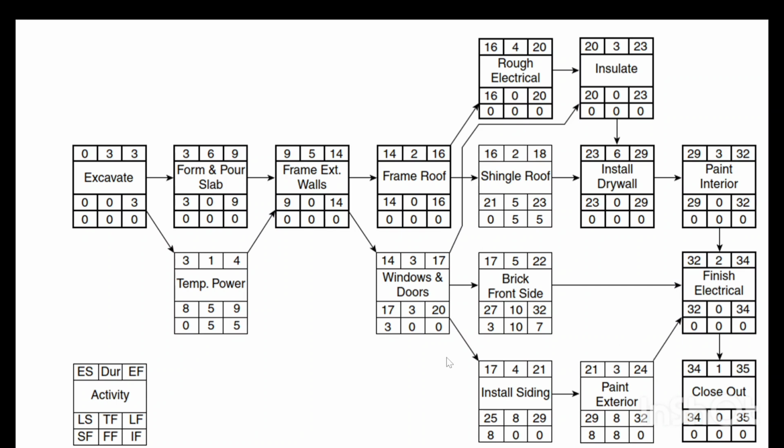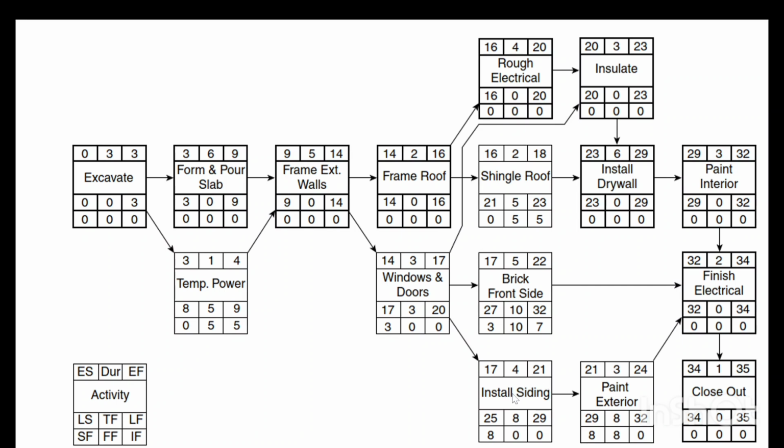These two activities, install siding and paint exterior. If we replace these two activities by one big activity, you can see it will look the same. Why? Because each one of them has only one predecessor and one successor. This is for this case and also for this case. So this is how we spot the shared float activities.